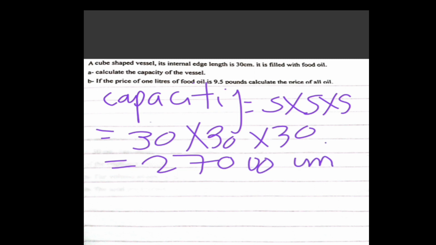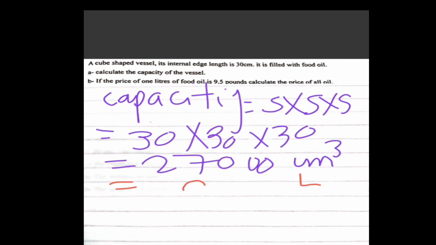The second, he says that if the price of 1 liter of food oil is 9.5 pounds, calculate the price of all the oil. He says 1 liter, so we have to change from centimeter cube to liter, as a liter is a decimeter cube. To change from centimeter cube to decimeter cube, I have to divide by 1,000, so it will be 27 liters.